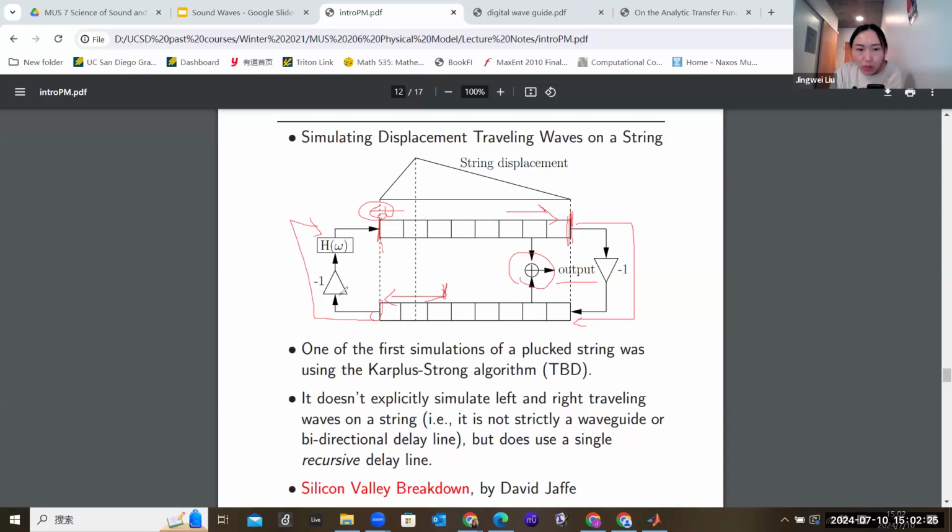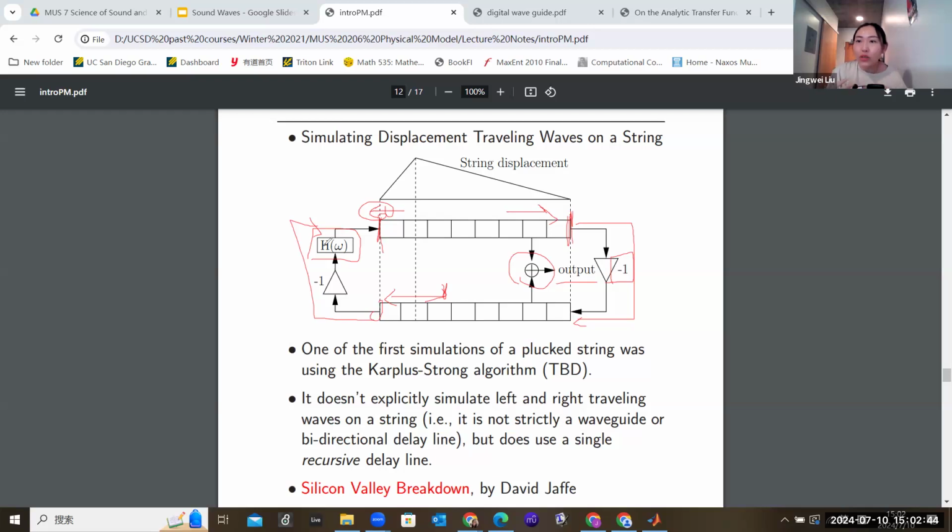When it's reflected, it can be reflected exactly without loss, or you can give it a filter. The filter means some damping or loss of energy, because although the wave can propagate, it won't propagate forever.